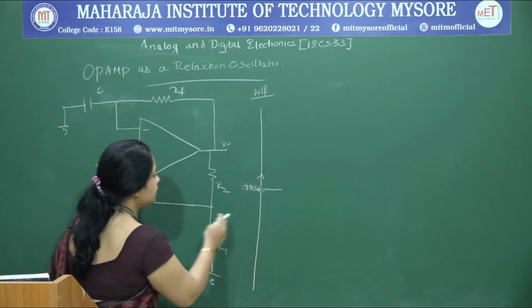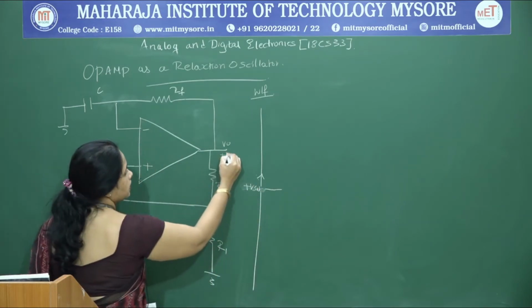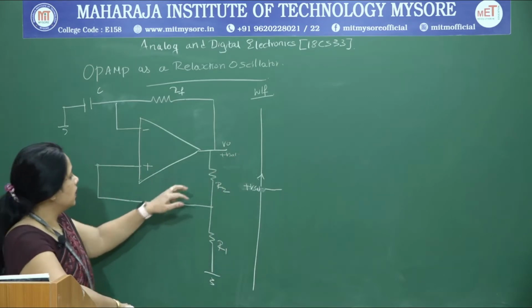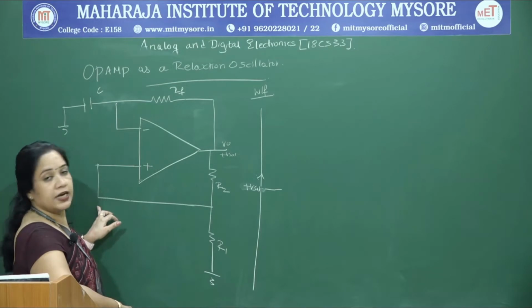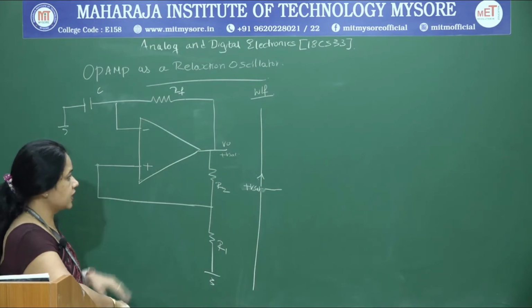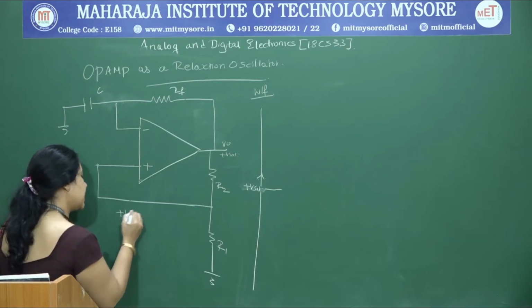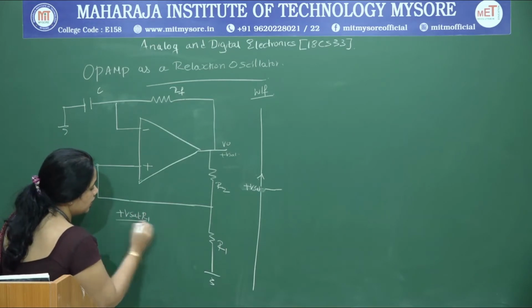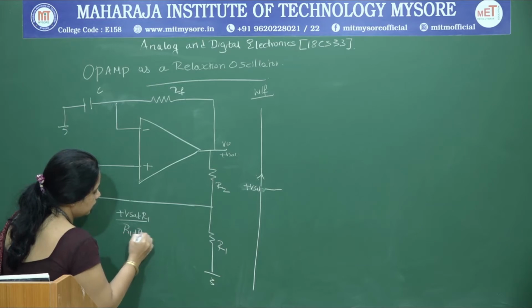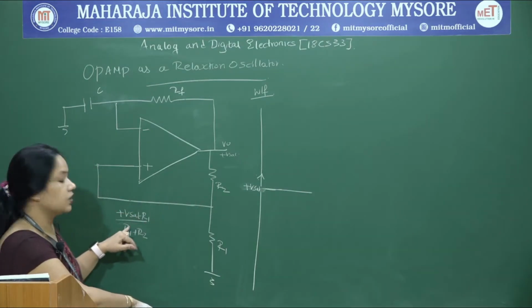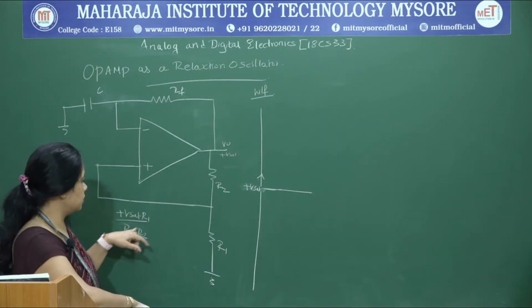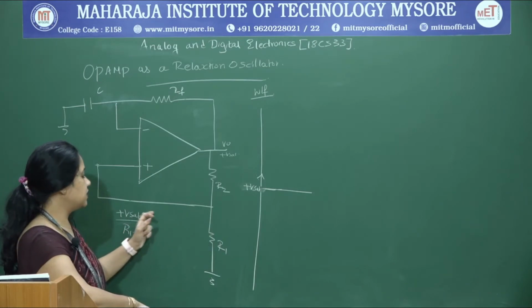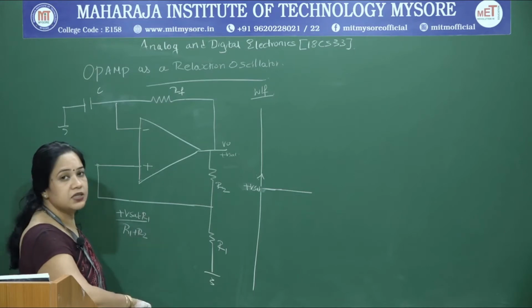When the output is at positive saturation, a portion of the output is connected back to the input. What portion? It is the plus V sat voltage drop across R1, that is, the voltage fed back is plus V sat into R1 divided by R1 plus R2.